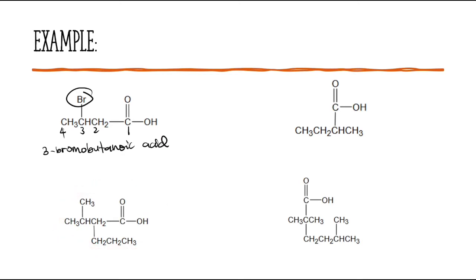For this one, the carbon of the carboxyl group is numbered as 1. Therefore, the longest continuous carbon chain for this compound is 5, and there is a substituent at carbon number 2. So the name for this compound is 2-isopropylpentanoic acid.